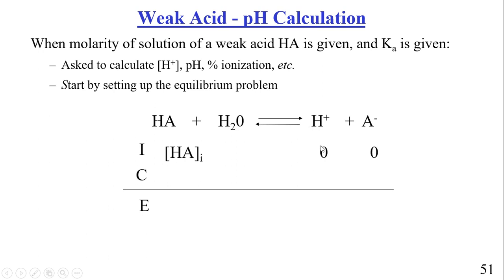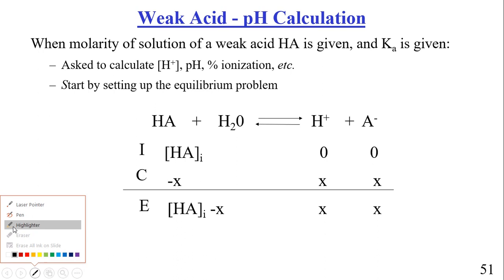Here we have the initial concentration of H plus and the initial concentration of A minus are both respectively 0. Then the change: some amount will react, some amount of H plus will be produced, and some amount of A minus will be produced. And at equilibrium, initial minus X for the acid, and plus X and plus X for the products. All right.